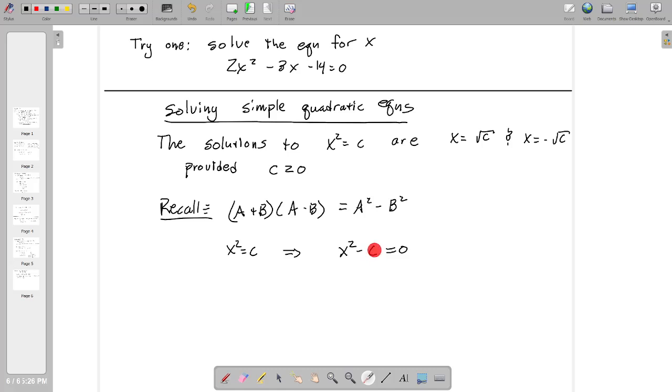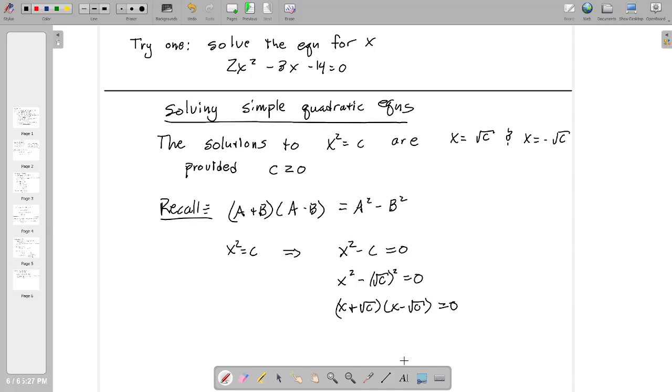Now if we treat c as if it's a square, and it is, x squared minus the square root of c squared equals 0, then we have a difference of squares, and this factors. x plus square root c times x minus square root c, which is equal to 0.